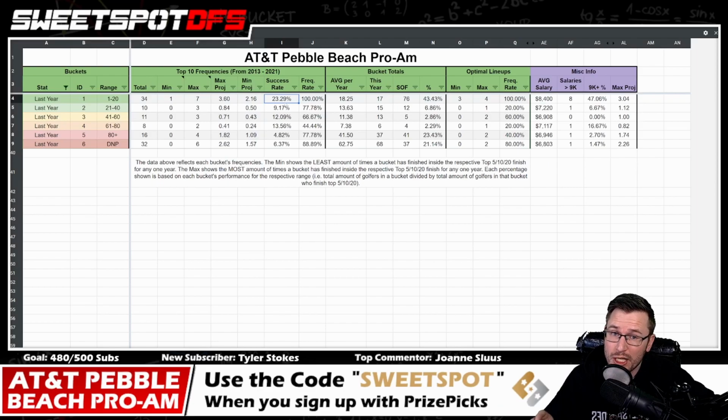It has a 23.29% success rate. This is looking at every golfer that has ever fit in this bucket and asking how many of them finished inside the top 10. Nearly 25% of them. That is very large. It has a 100% frequency rate.